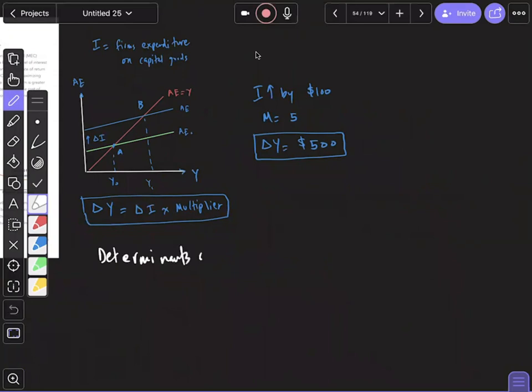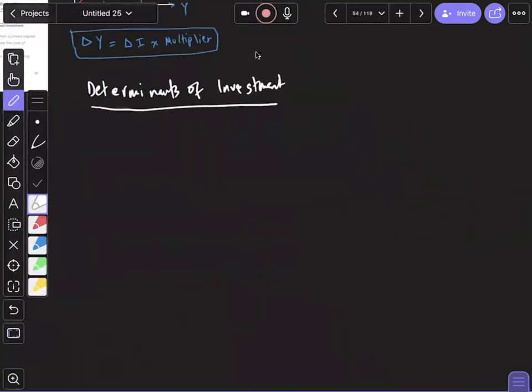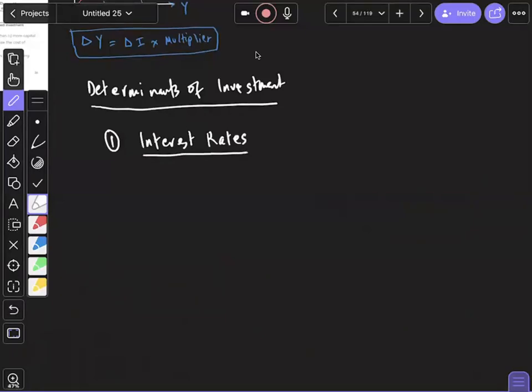Secondly, let's talk about the question: what are the determinants of investment? The first big determinant, according to Keynesian theory, is interest rates. According to the Keynesians, when interest rates go up, there is a rise in the cost of capital goods.